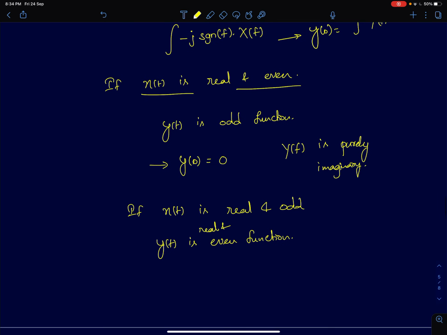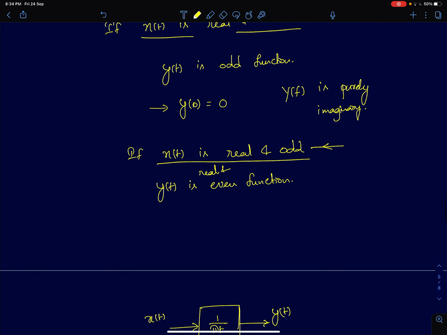Similarly, if x of t happens to be real and odd, then the Fourier transform will be purely imaginary, and again it should exhibit conjugate symmetry. So if this was j, this is going to be minus j. Now if I multiply this with minus j signum of f, for all positive frequencies it's going to be j squared, which is minus 1 into minus 1, you will get plus 1.